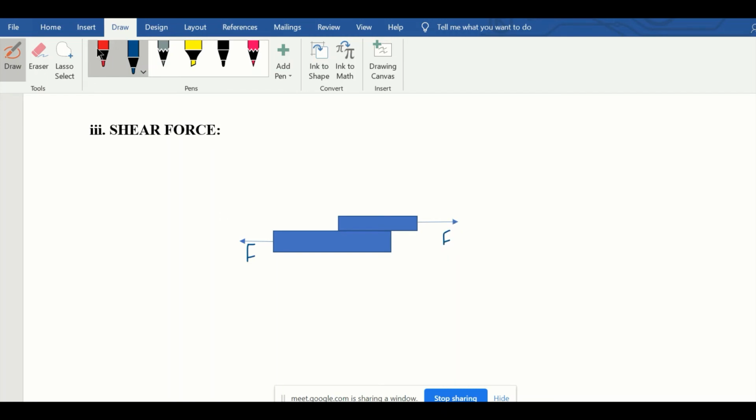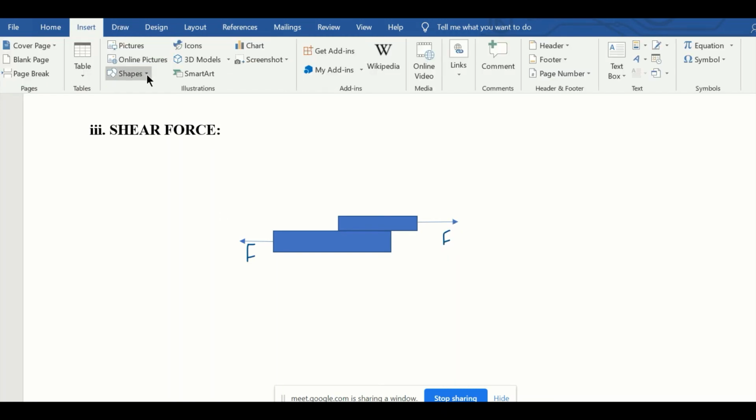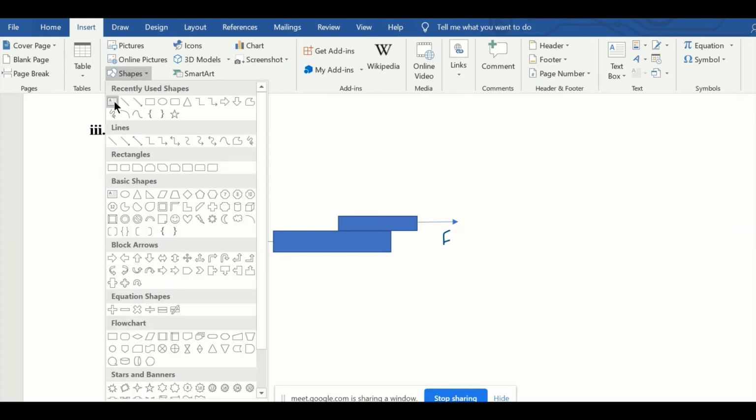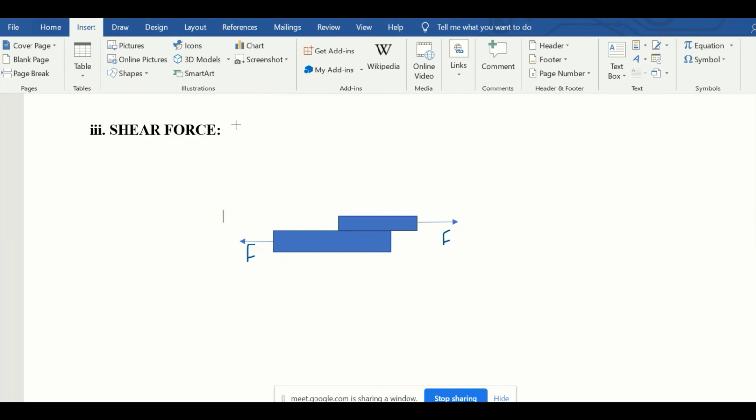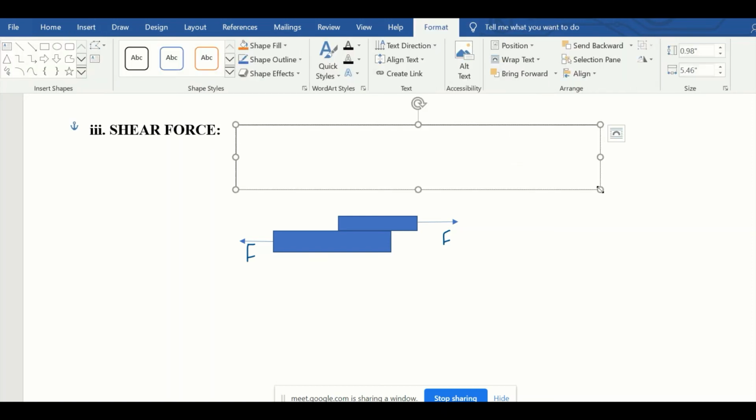All right, now let's explain what happens when a shear force is experienced. A shear is a force that tends to slide one face of the material, as you can see on your screen, over an adjacent side.